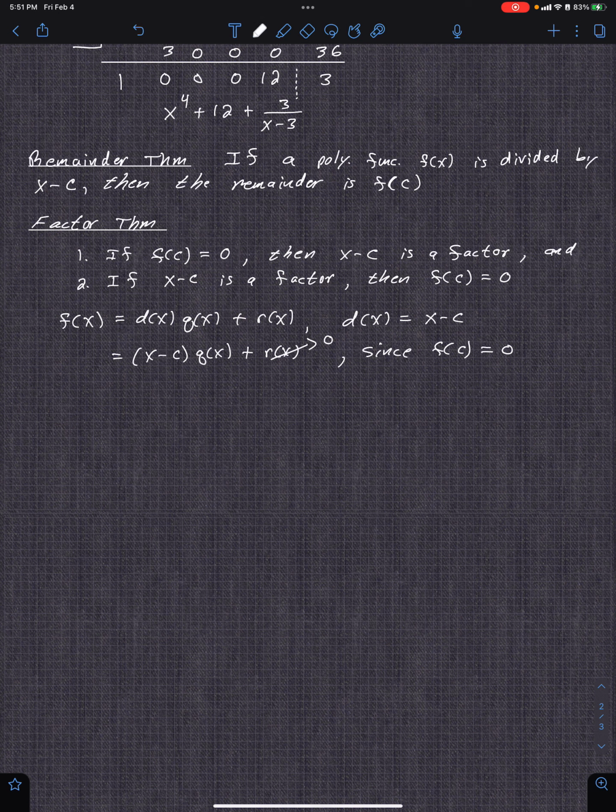And so you basically just factor the polynomial. You just get x minus c times q of x. So if it's a factor and you have f of c as 0, then by the remainder theorem the remainder is 0, which means it's a factor. Then this disappears, and you end up just getting that. That's what we're going to be doing when we solve these equations and apply it.